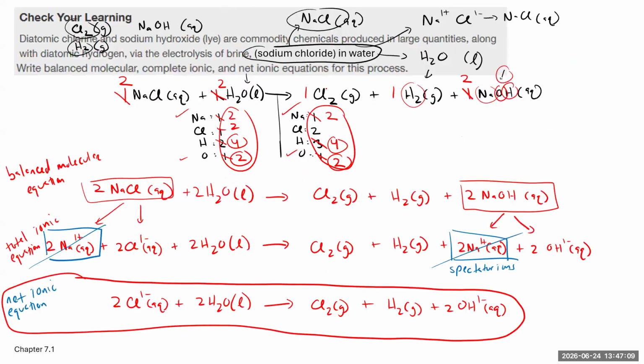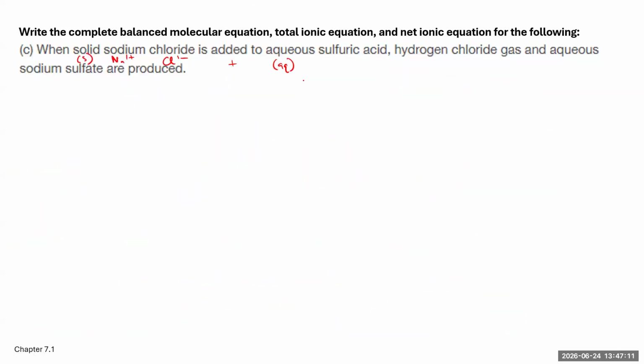Oh, but we're going to now do the net ionic. That's right. Aqueous H2SO4, HCl gas, and aqueous sodium sulfate are produced. All right, so let's write that out.